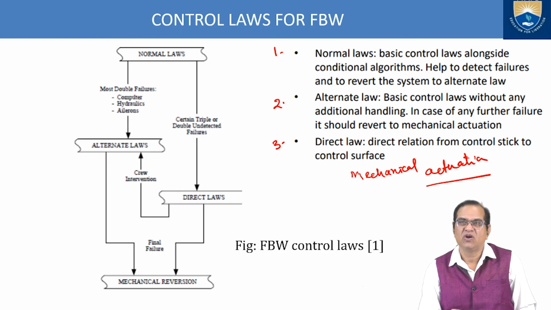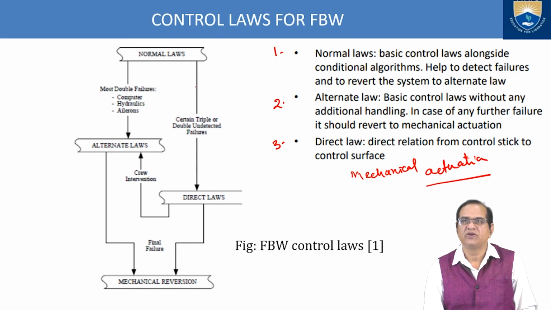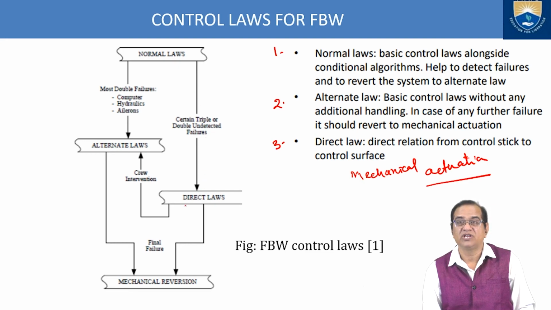If these fail, it will give over to the alternate law. If the alternate law further fails, it will give over to the mechanical reversion. If certain triple or double undetected failures occur, it will go to the direct law, and from there to the mechanical reversion.